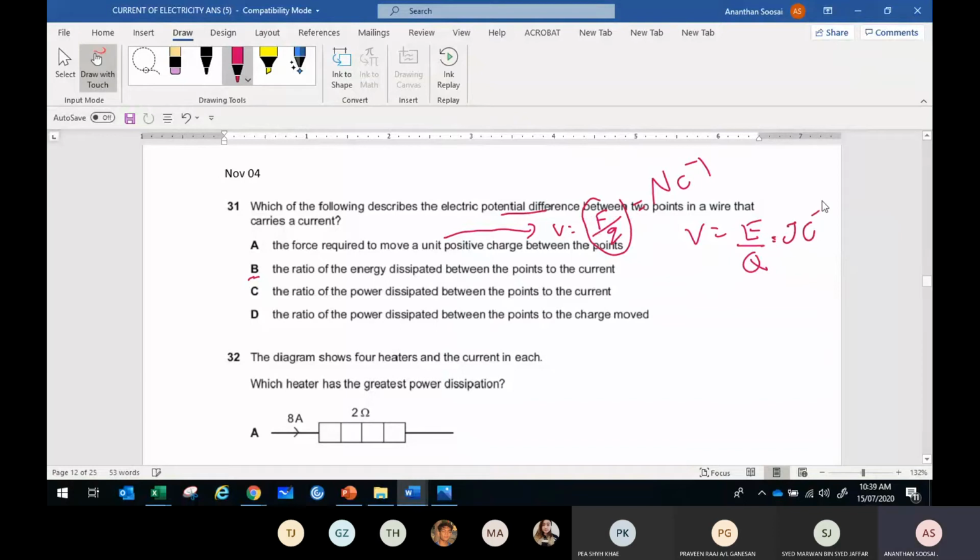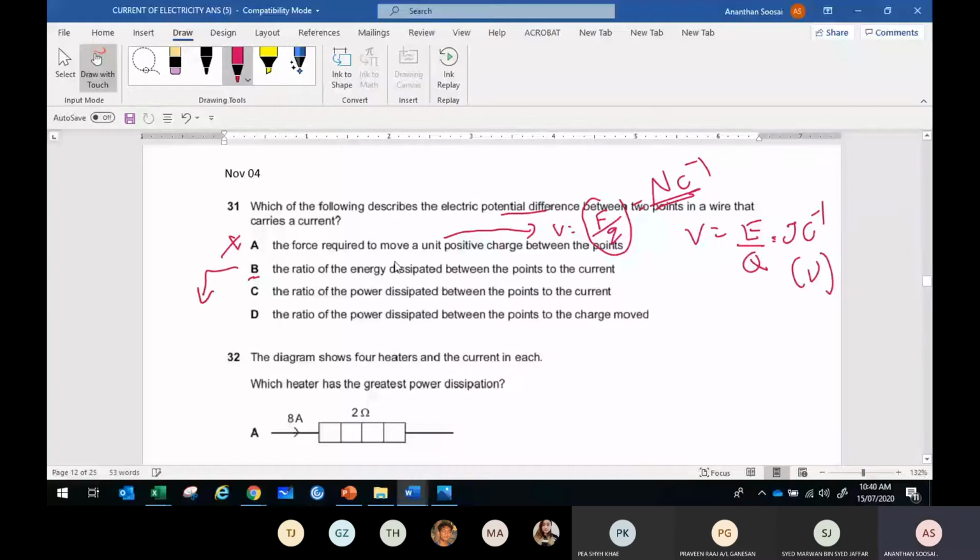It's joule per coulomb, which we call volt. So although you may not recognize what force per unit charge is, mathematically force divided by charge gives newton per coulomb. So according to unit homogeneity, A cannot be the answer because the unit is not joule per coulomb. So A is out.